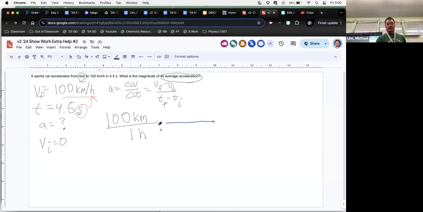So, Alexander, how many meters are in 1 kilometer? Should be in the packet.